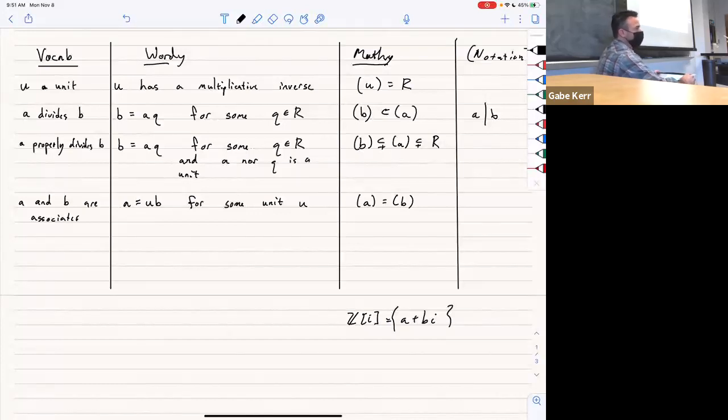Those have 6 different units. And then there's questions of factorization. So you want some notions that you can use in these more general cases. There are a lot of interesting open questions.